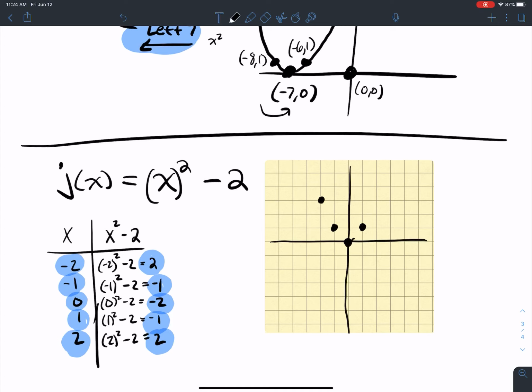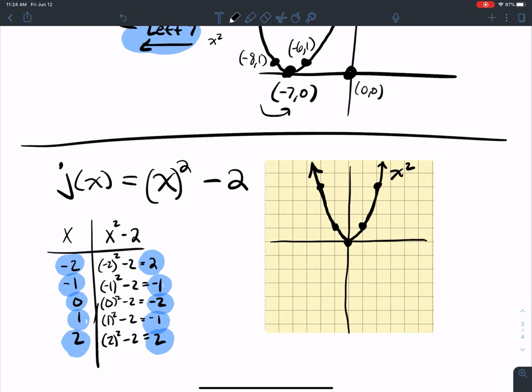Oh man, I did my dots wrong again. All right. So let's see. Up to this. All right, so this is x squared, okay?